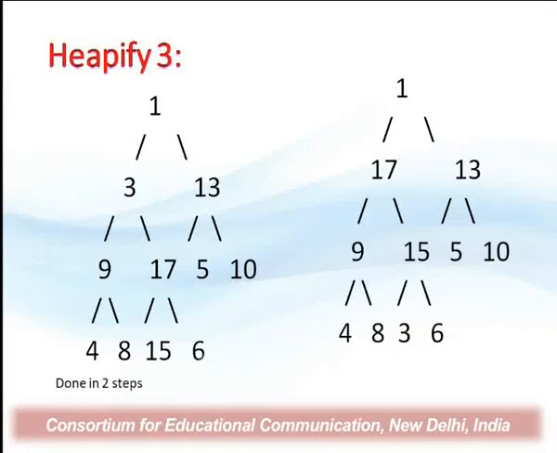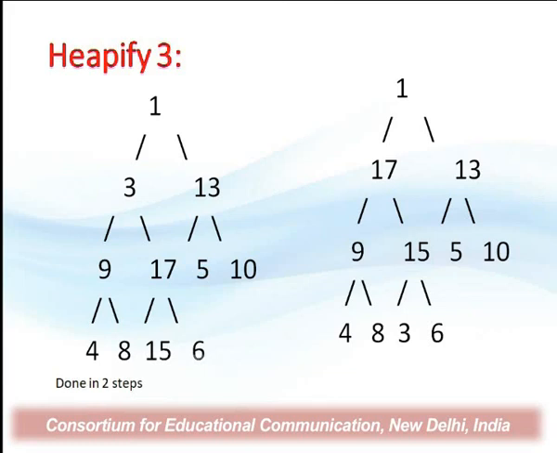We will shift 17 to the position of 3, and 3 will take the position of 17. Then 3 is the root of the subtree having 15 and 6 as its left and right children. This 3, 15 and 6 does not have the heap property. That means the moment we swapped 3 and 17, the heap property of the rightmost subtree was disturbed. So we need to heapify that again.